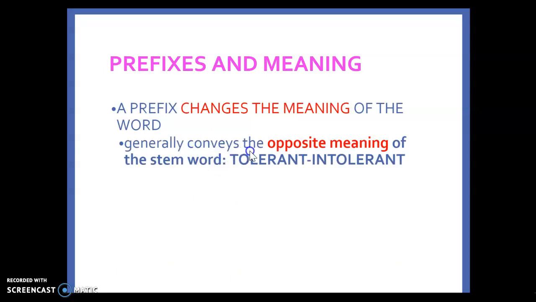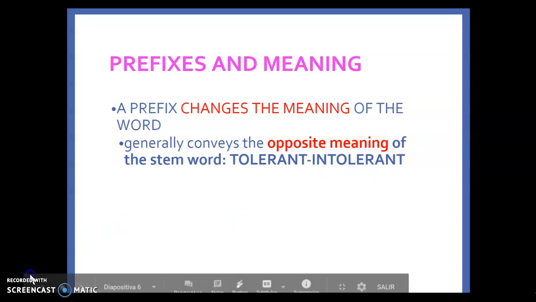Prefixes generally convey the opposite meaning of the stem or the root. Here we have an example: tolerant, and with the prefix in, the word becomes completely the opposite.